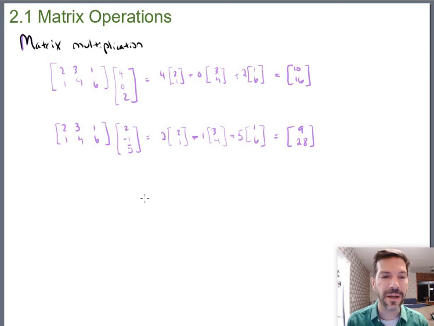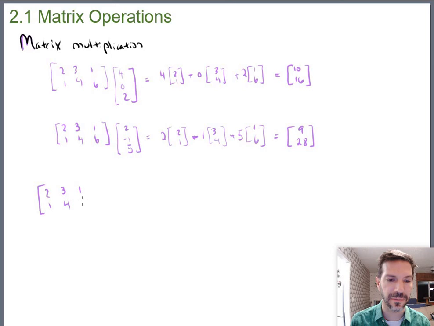Okay, so that's fine if we want to multiply a matrix by a vector, as long as the dimensions are right. As long as if there's 3 columns, you have 3 entries here. What we haven't yet done is multiply a matrix by another sort of full-fledged matrix, not just a single column.